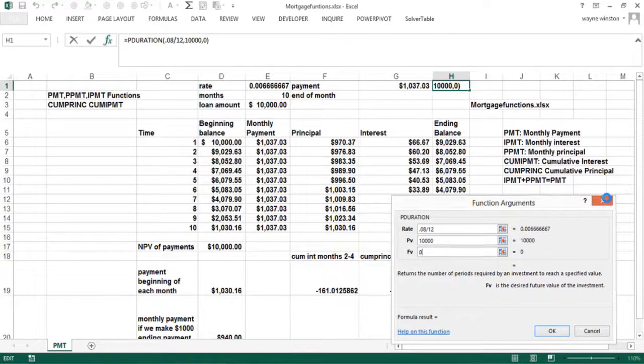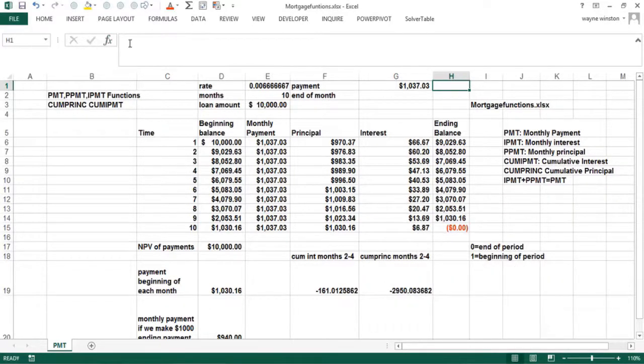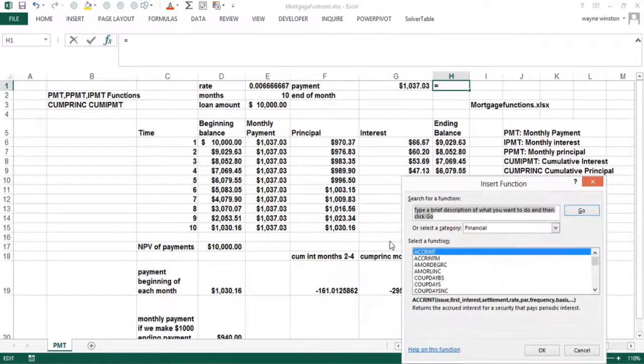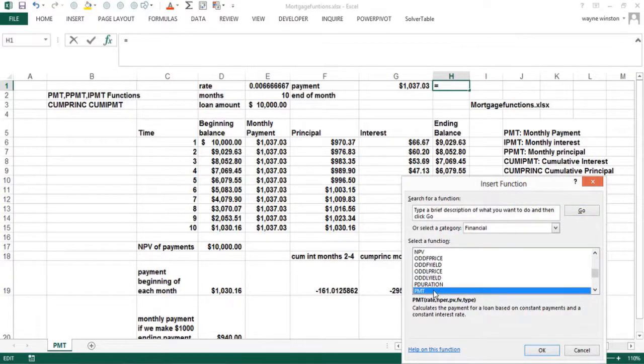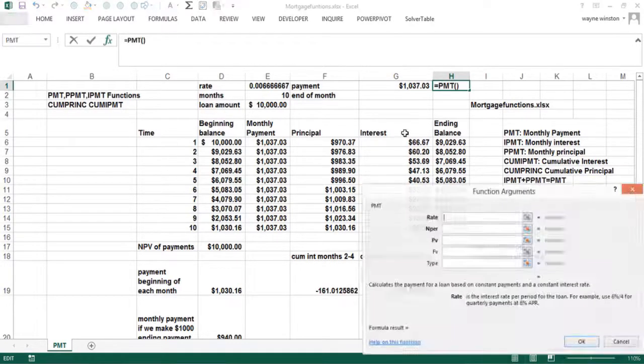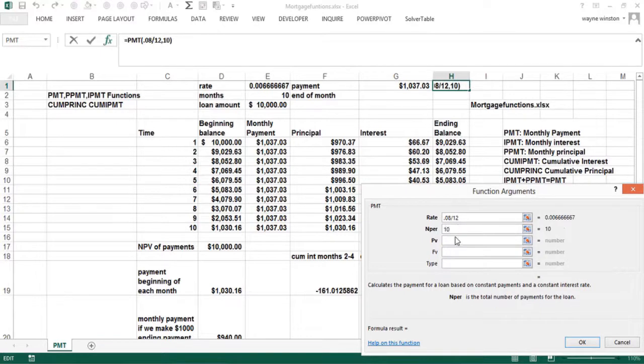Oops, wrong function. Sorry about that. So I should have done PMT. Okay. So the rate is 0.08 divided by 12. The number of periods was 10 months. The present value, okay, we're borrowing $10,000. Future value, okay, no cash balance at the end of this loan.